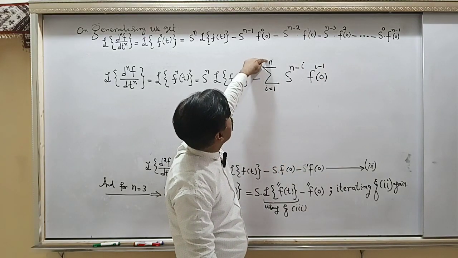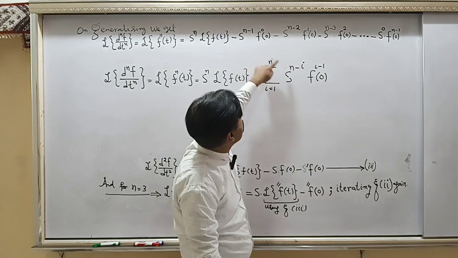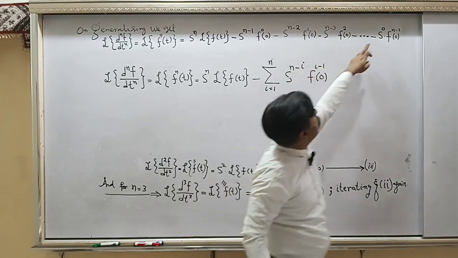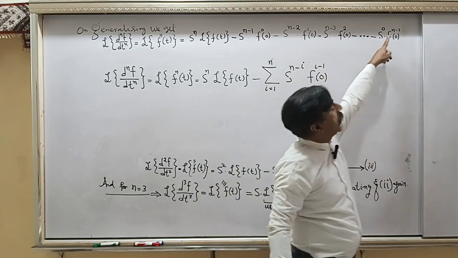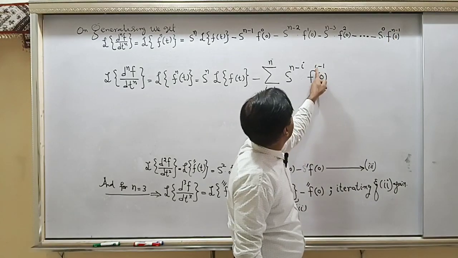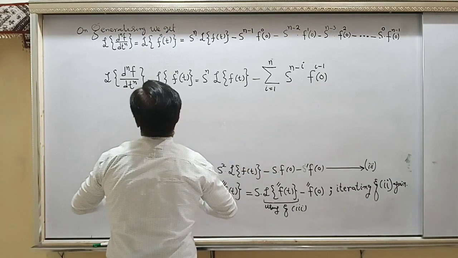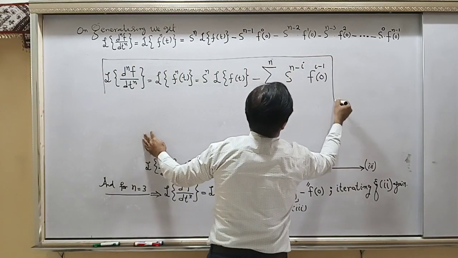And in the end, the last value of i is n. Substitute this n: n minus n will be 0, and this n will give f^(n-1), n minus 1, right?